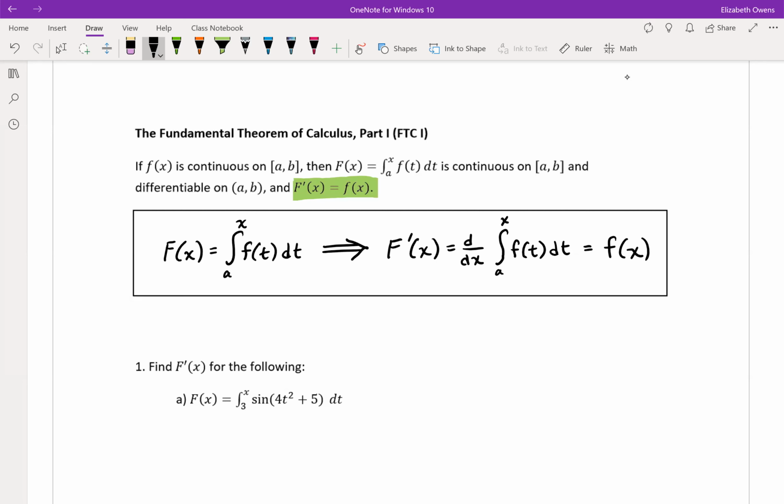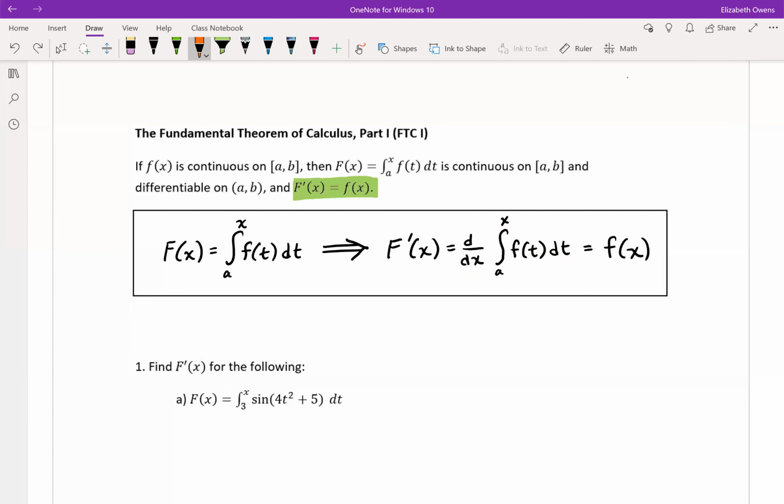So what this is essentially saying is that a derivative operation will do the opposite thing of this integration. You've integrated the function little f of t, and then when you take its derivative, d dx, you just get little f of x back. So it's almost like you've done essentially nothing. It's like you're stripping away all this extra stuff and you just get your integrand back, except now it has an x inside.